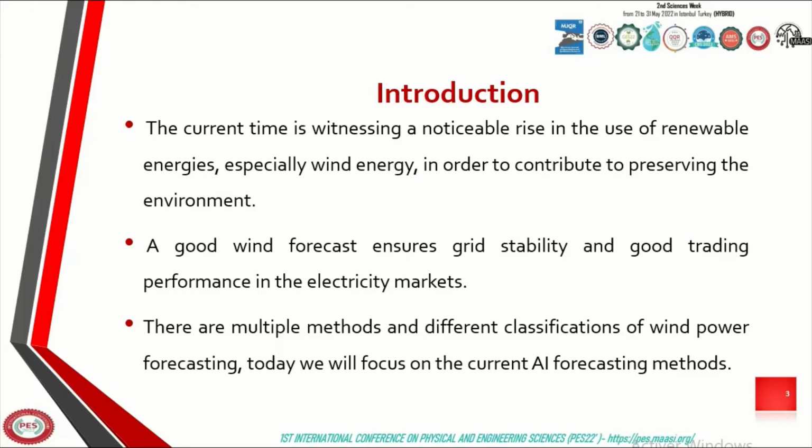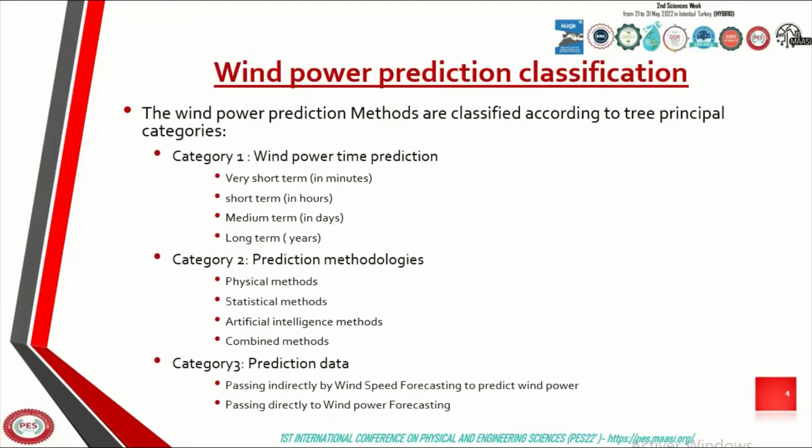Wind power prediction methods are classified according to three principal categories. The first one is wind power time prediction. They are divided in four terms: very short term, short term, medium term, and long term.